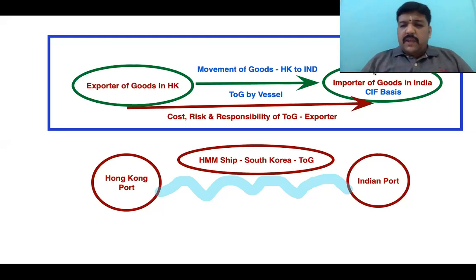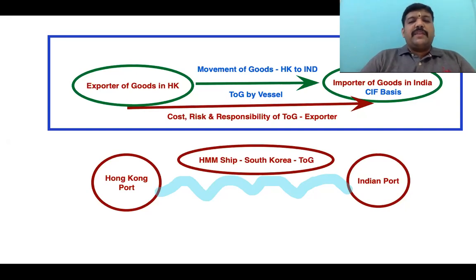Now, a very important question. In this transaction of transportation of goods by vessel, the next question is, who is the recipient of this service? Like how the earlier question was pointing to the supplier.